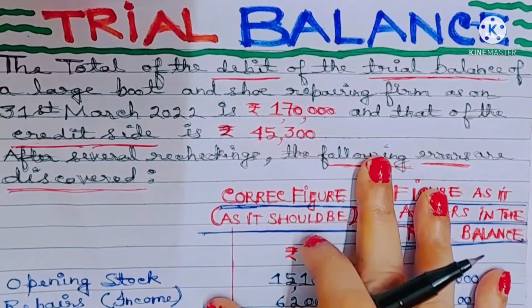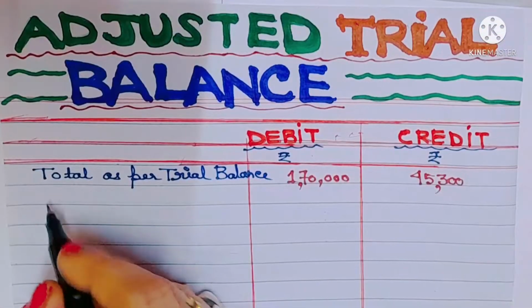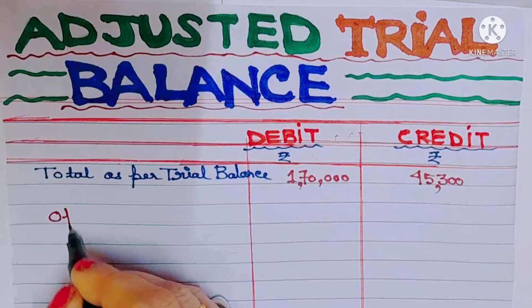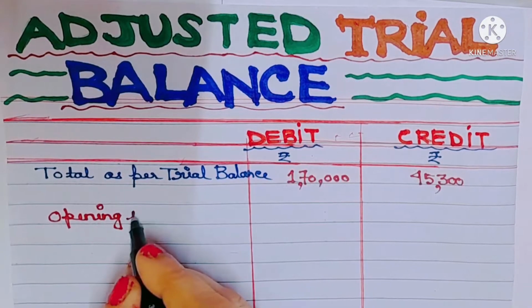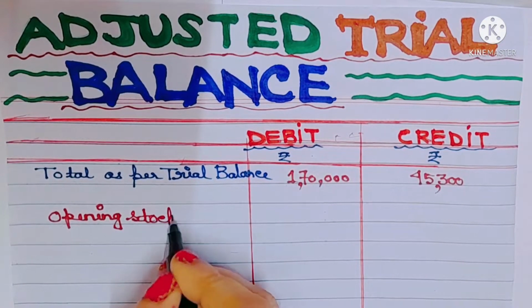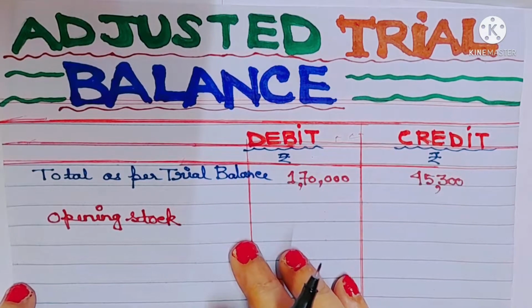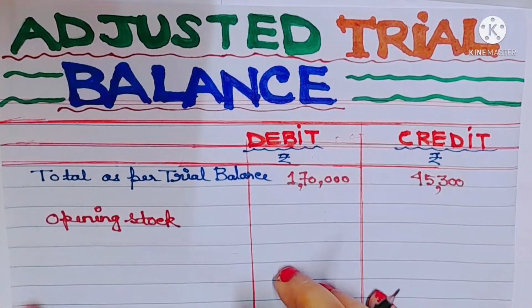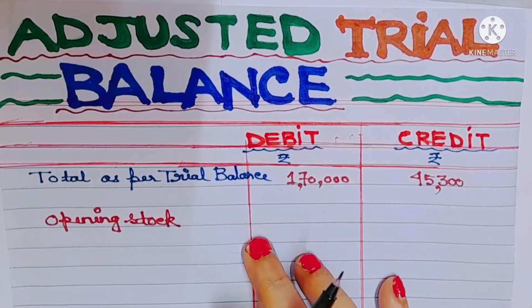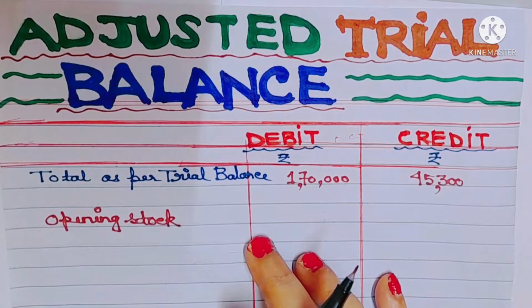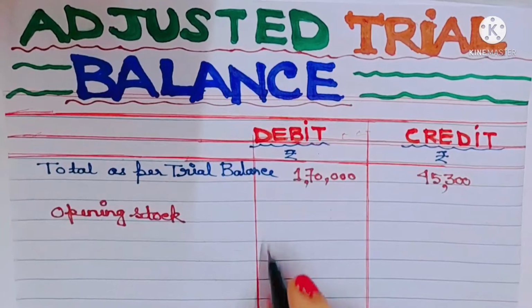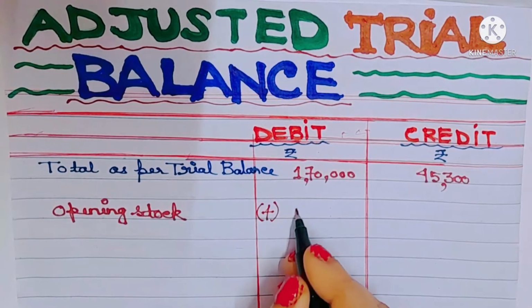Okay, so let's go back to the problem. Opening stock. Opening stock should have been written as 15,100 in the debit column because opening stock has a debit balance. But it has been written in the debit column as 15,000. We have to add plus 100 because 100 rupees has been shown less. So plus 100.